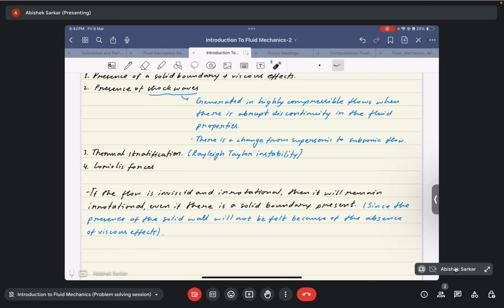Okay, so if the flow is inviscid and irrotational, then the flow will remain irrotational forever, no matter if it is confined by a wall or a boundary.